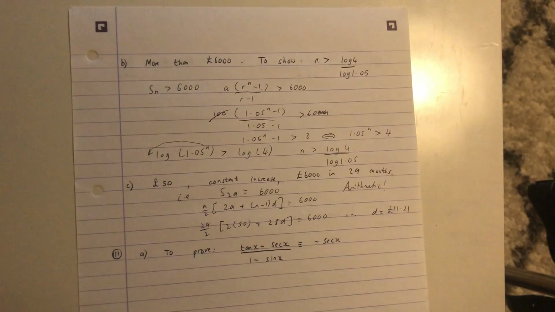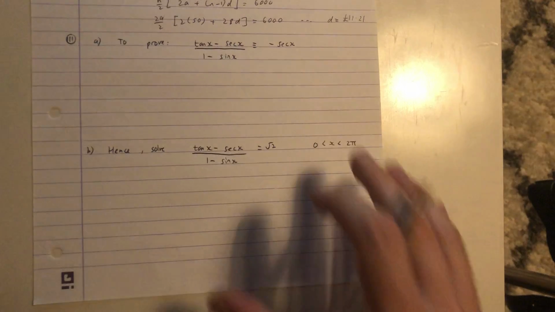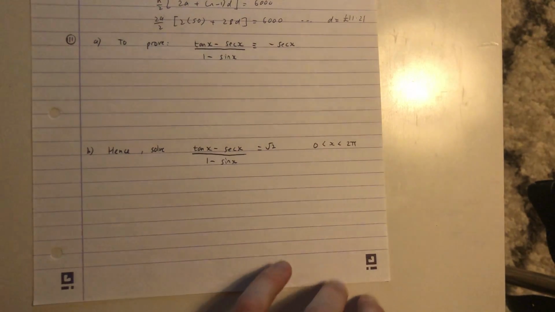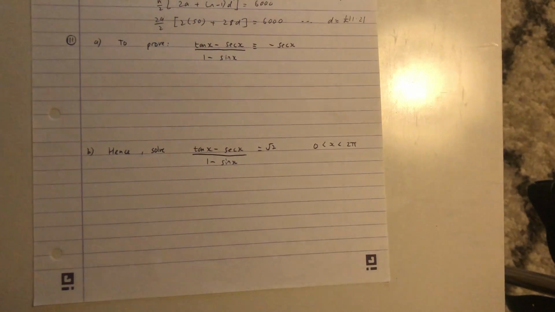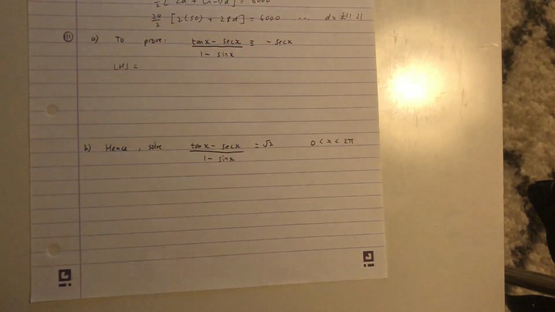Right, let's keep going. Question 11 is a trig identity, and then using that trig identity to solve a trig equation. So you should pick on the left hand side. Let's think about different options we've got.